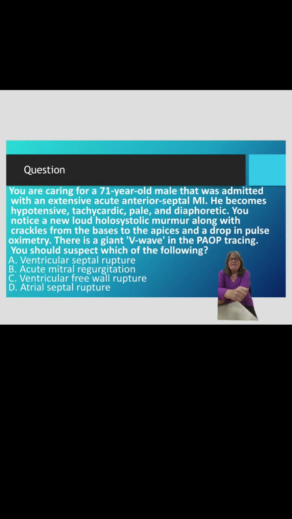There's a giant V wave in the pulmonary artery occlusive pressure tracing, or the wedge tracing. You should suspect which of the following: ventricular septal rupture, acute mitral regurg, ventricular free wall rupture, or atrial septal rupture. What do you think?